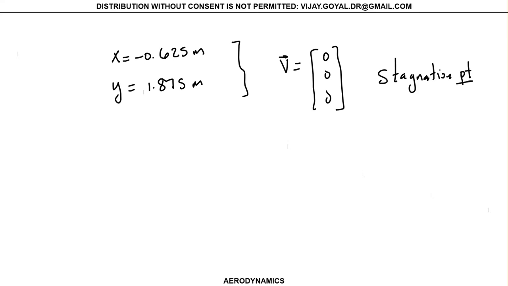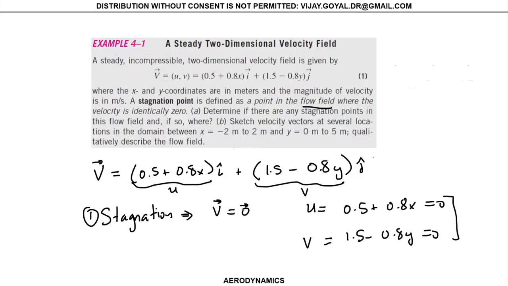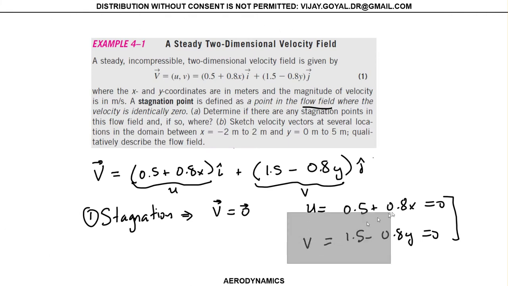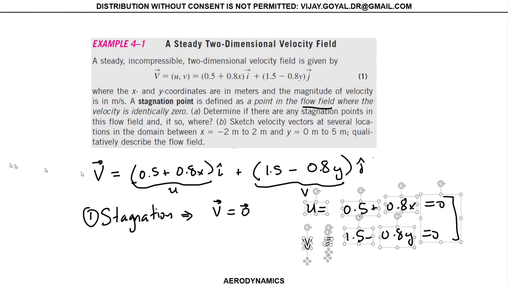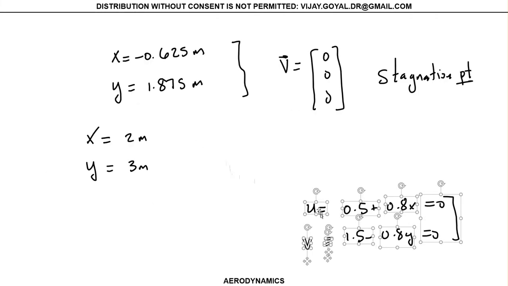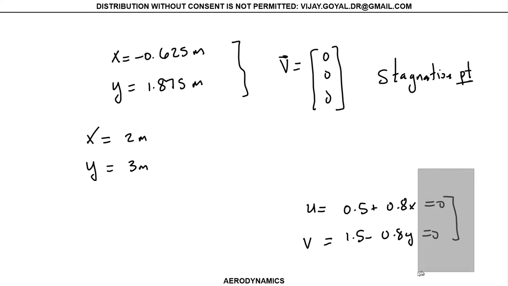Okay, so what would happen in my problem if I told you, now what happens if x is equal to 2 and y is equal to 3? If you take this equation, let's keep it handy, it's not equal to 0 anymore.